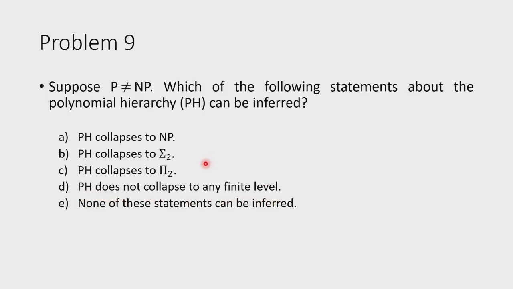That is what you would believe, right? If P does not equal NP, why should any higher class be equal? What you are basically saying is this: if P is not equal to NP, why should sigma k be equal to pi k for some k?